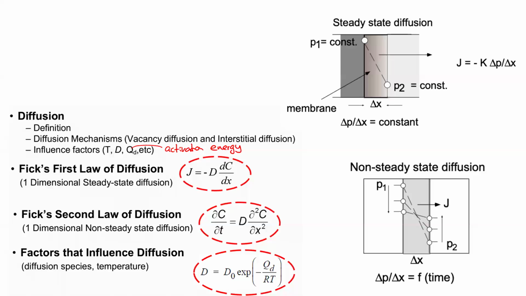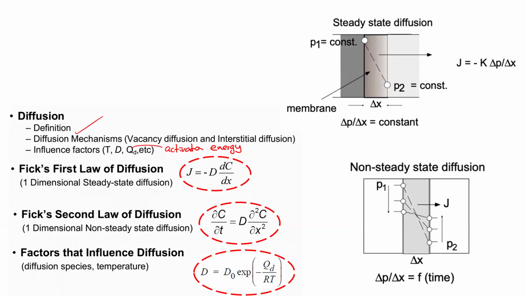If we summarize the things that we have done in the lecture, we know what diffusion is now. Diffusion mechanism: diffusion can happen through vacancies, vacancy diffusion. So you already know what vacancies are, am I right? When we have vacancies, that vacancy can be filled by another atom.